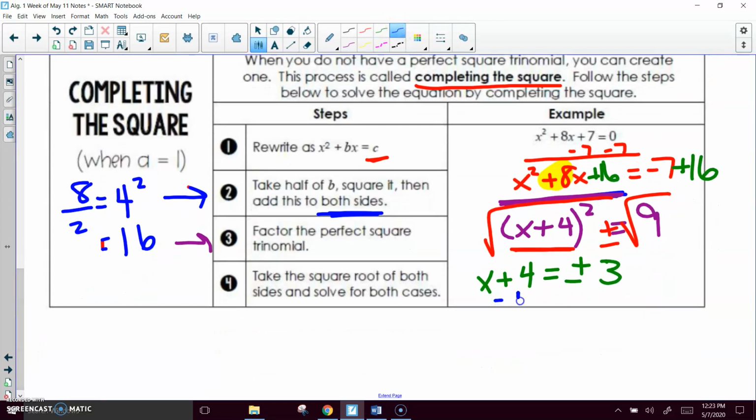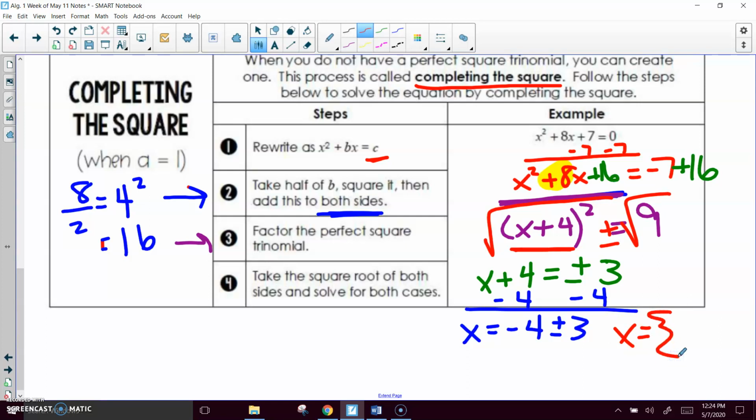So let's subtract 4 from both sides. So I have x equals -4 plus or minus 3. So my solutions, -4 plus 3 is -1, and -4 minus 3 is -7.